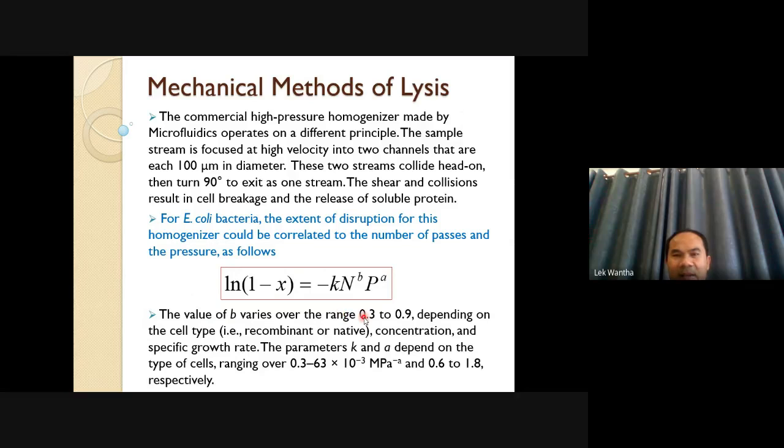It also depends on the cell type, whether native or recombinant, DNA concentration, and specific growth rate. K and A depend on the type of the cell. I talked to you already. This is for E. coli; we use this relationship.